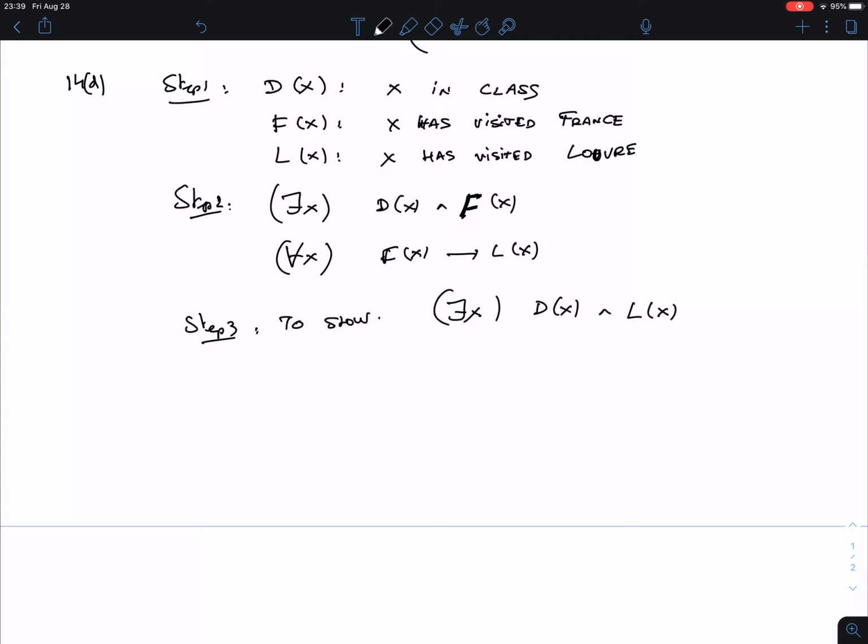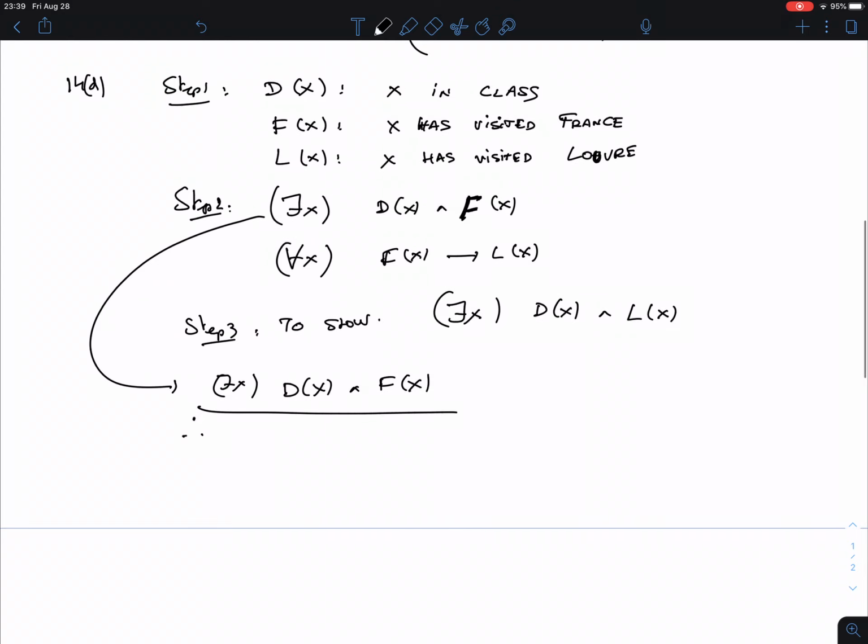Whereas if you do a universal instantiation, you have many choices for x. So existential is the one we should resolve first. So there is an x, D of x and F of x, by existential instantiation.